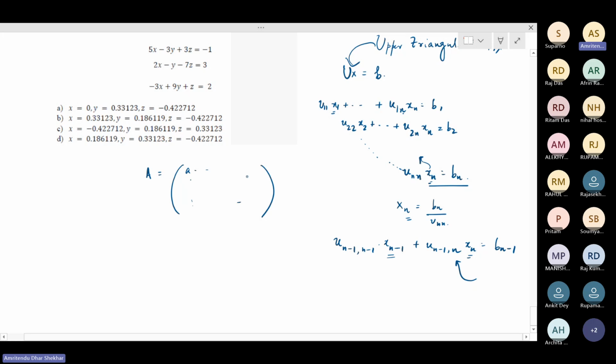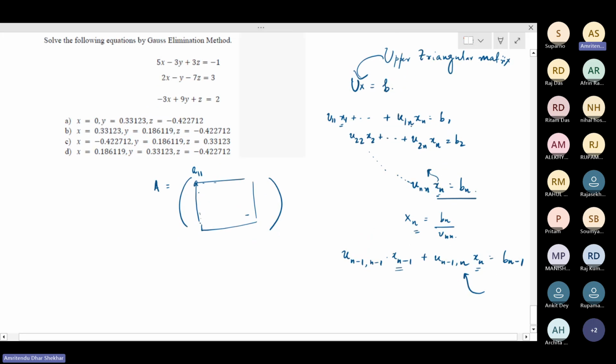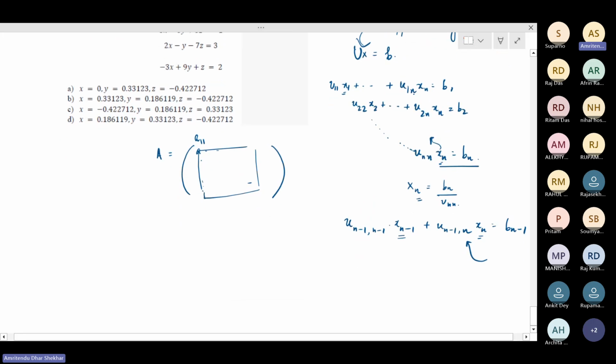Whatever the coefficient of x1 is in the first equation, let's say it is a11. So if you take an example, let's say you have a system where the first equation is a11 x1 up to a1n xn is equal to b1.